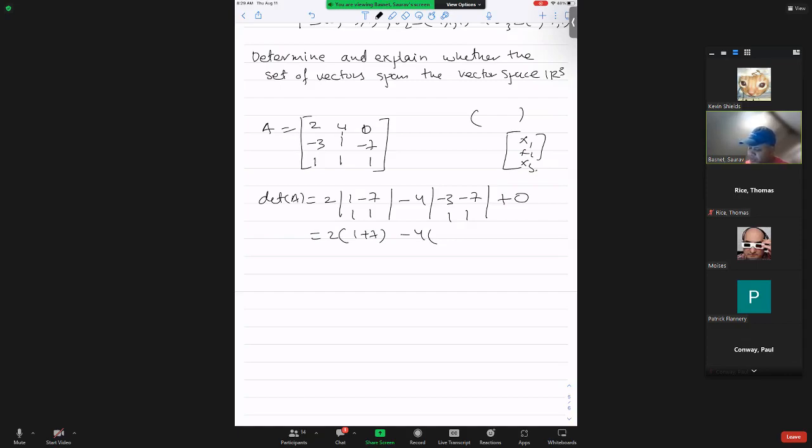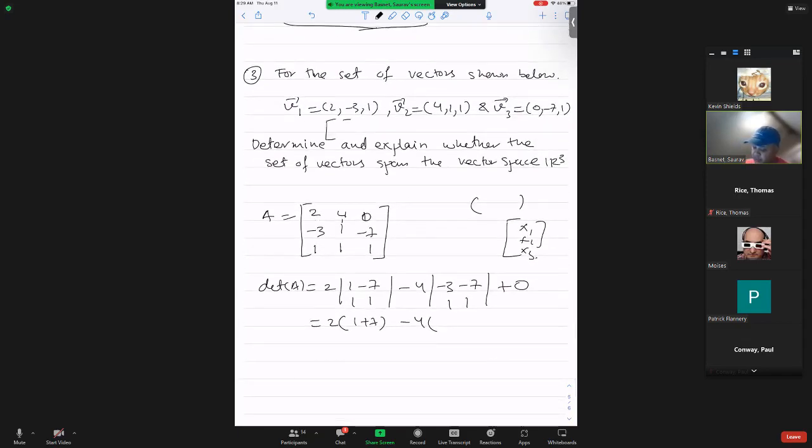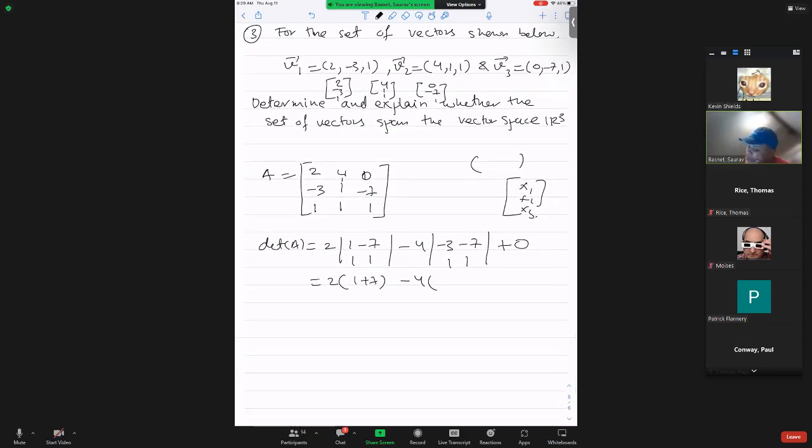You can express the vectors like this, right? 2, minus 3, 1, 4, 1, 1, 0, minus 7, 1. Yes. That's okay. I think I don't need to explain everything because it will be too much. Anyways, so minus 3 plus 7. So it is 2 times 8 minus 4.